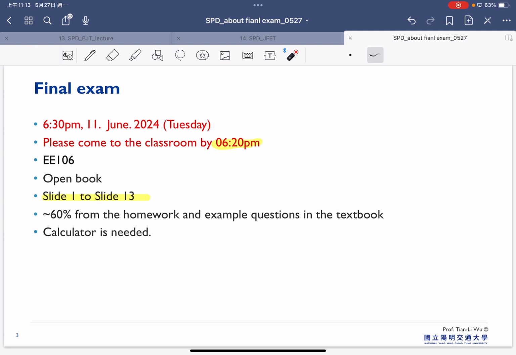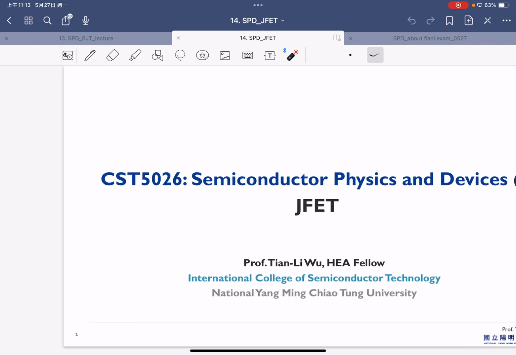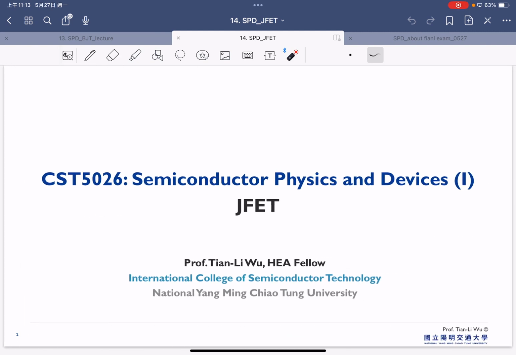Because if you are completely blank on everything and just bring all the material, in the end you will probably still have a very difficult time in the final exam. Okay, so that's all for the final exam. For the last part, we will quickly overview the JFET.